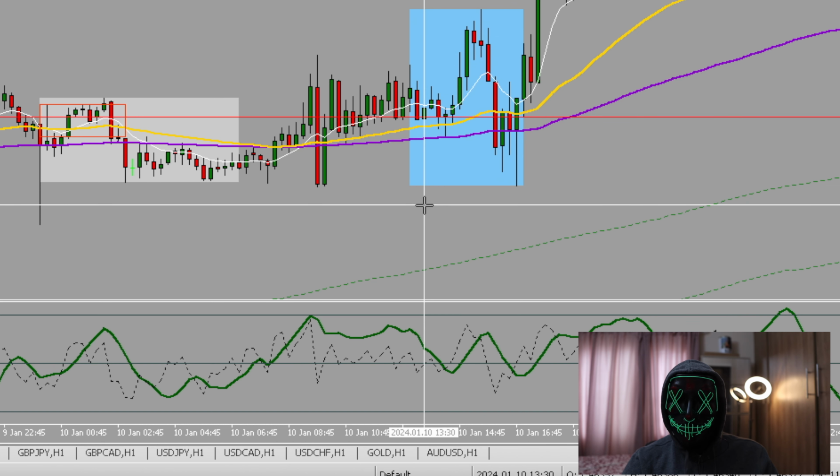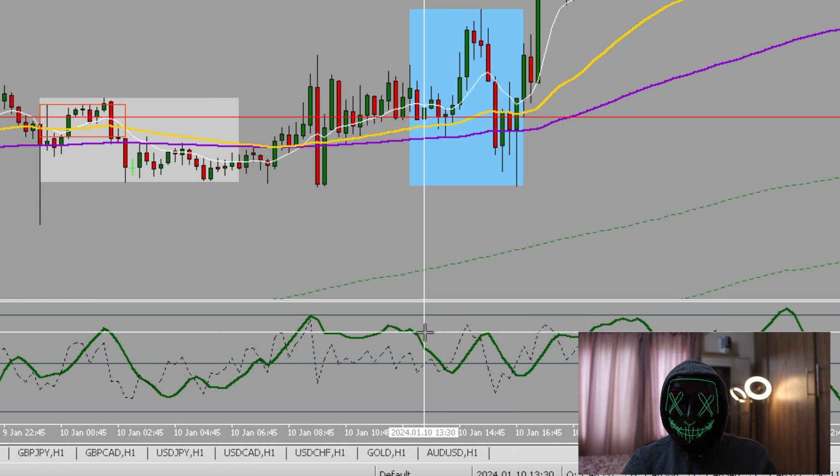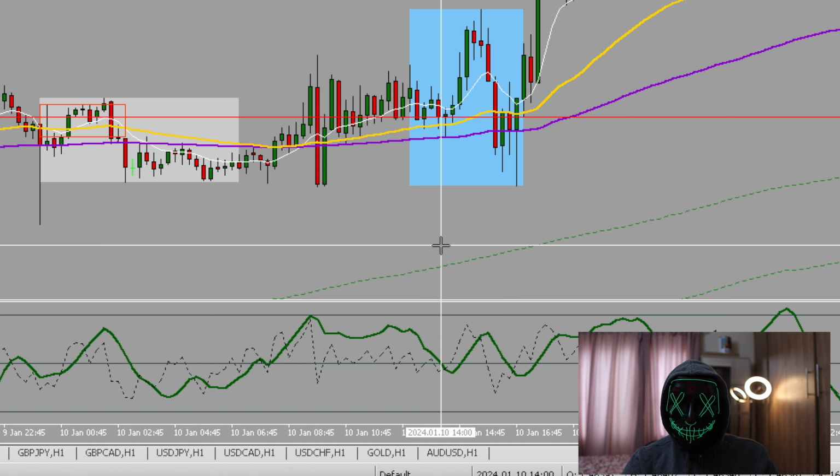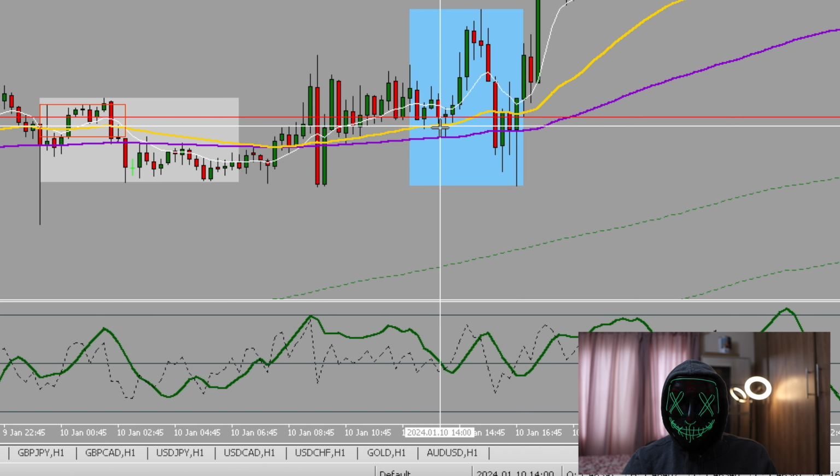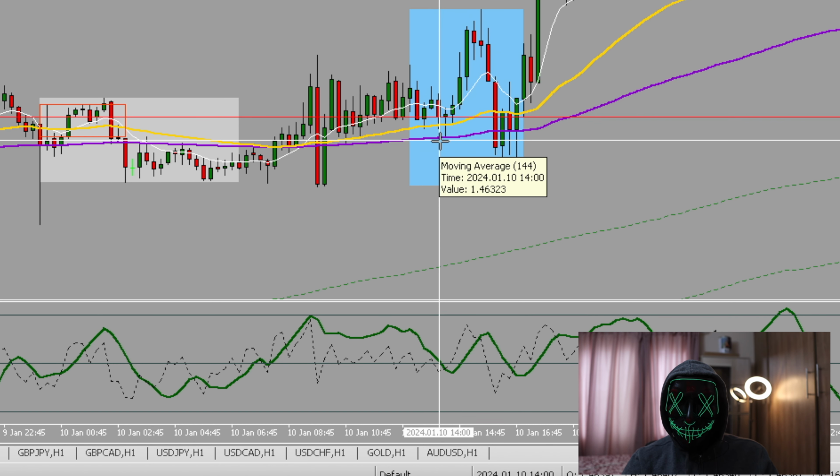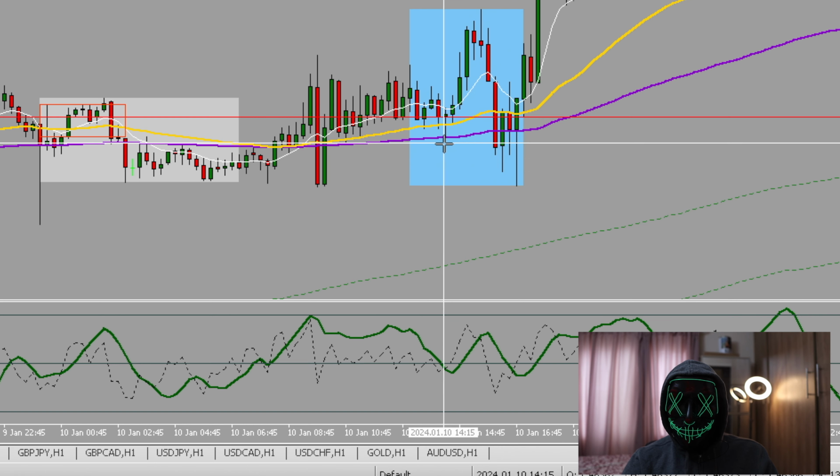My RSI, as you guys can see down here, is right in the middle. So I wouldn't consider that being an RSI coming beneath and then going back above. So I left this one alone, and then you guys will see that price gave me another opportunity to touch the yellow line at these 2 candles.